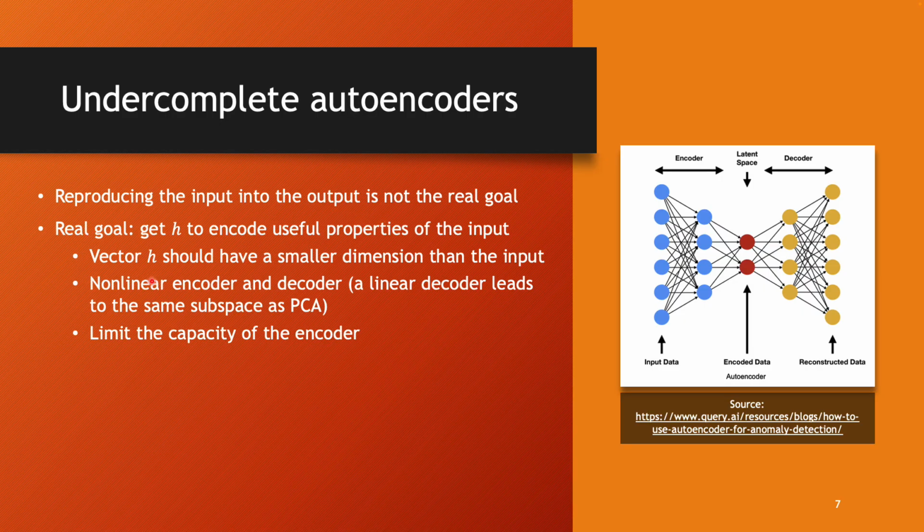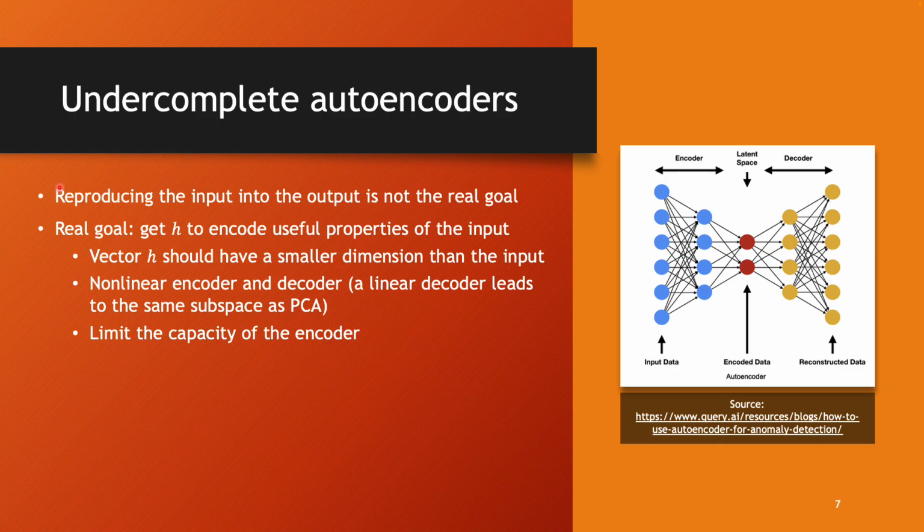Now obviously the idea that we would have these autoencoders is really about getting these useful properties. And obviously we don't want to have the encoding equal to the input. We would like to have just the key properties of the input represented in this encoding. So in other words, we want this encoded vector to have a smaller dimension than the input.